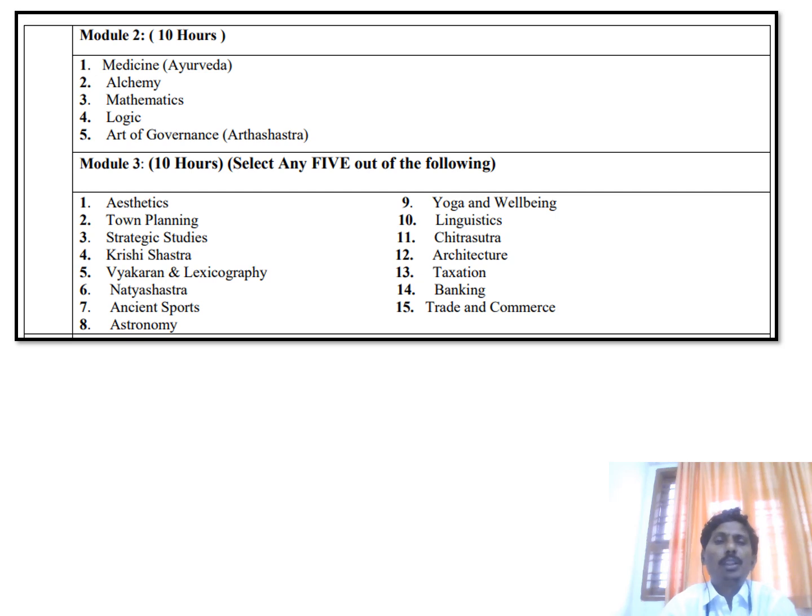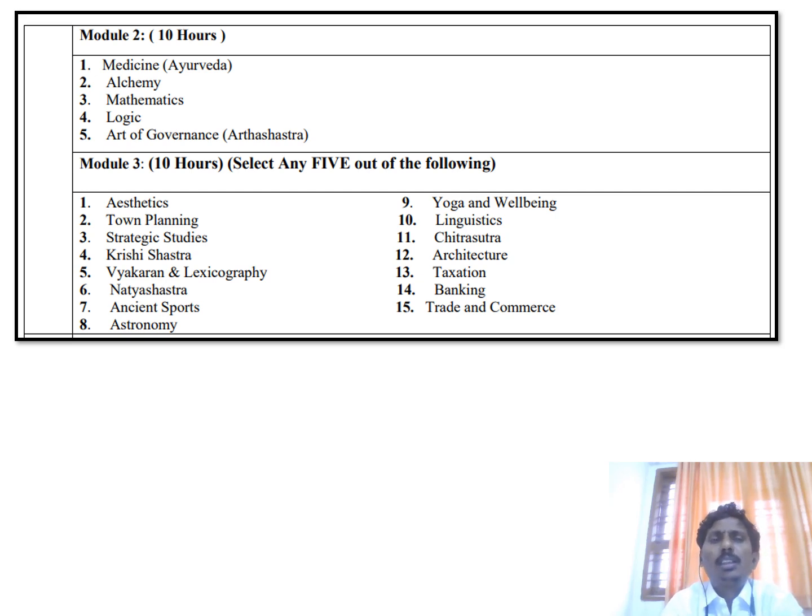Zero is a very important discovery from ancient India. Second is the decimal system. Also, we have very good logical and critical thinking. We have the art of governance, that is Arthashastra. Aryabhatta, Arthashastra is one of the arts of governance.